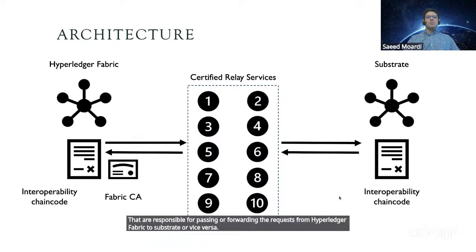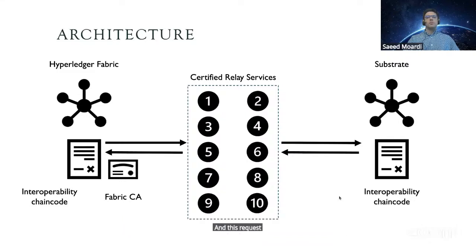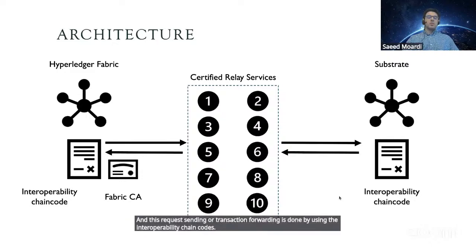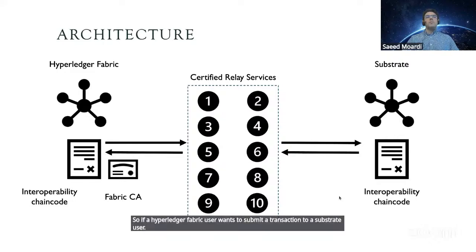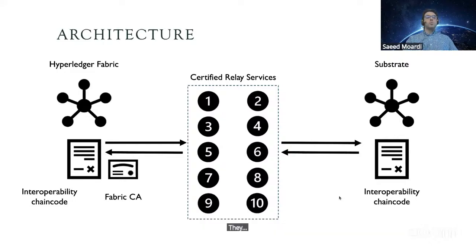This request sending or transaction forwarding is done by using the interoperability chain codes. So if a Hyperledger Fabric user wants to submit a transaction to a Substrate user, they should have an interoperability chain code that is going to connect to these certified relay services.